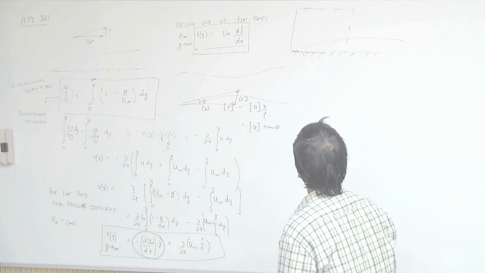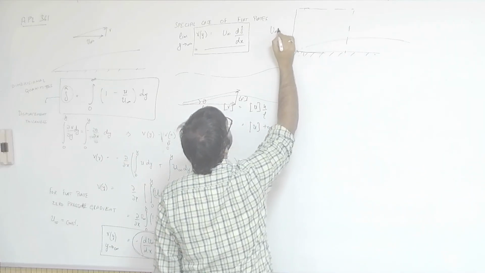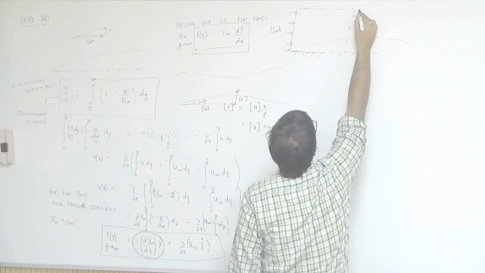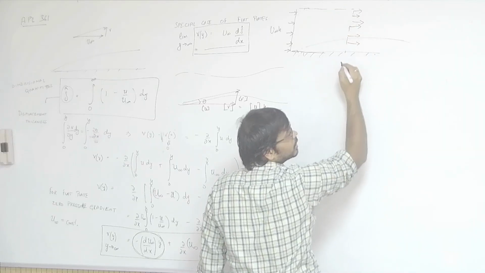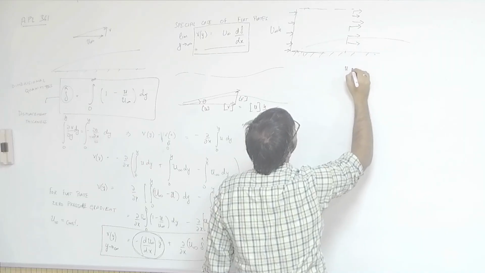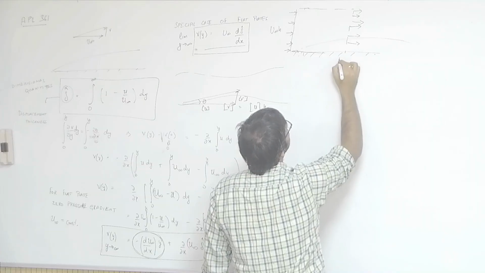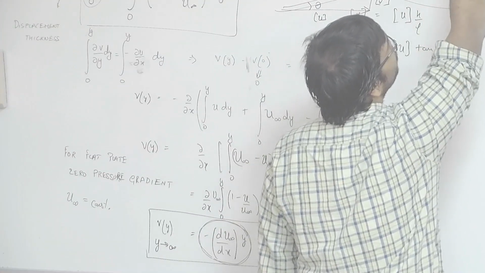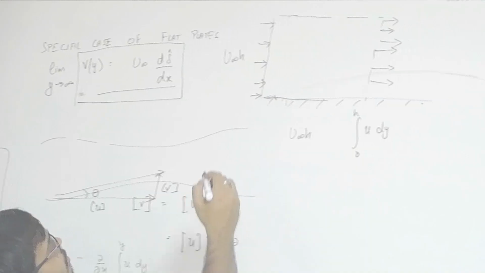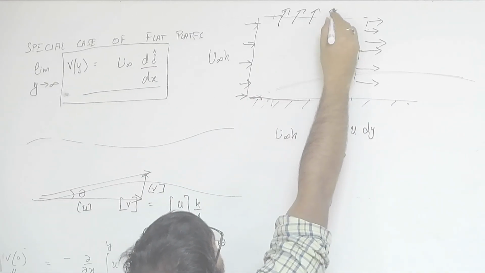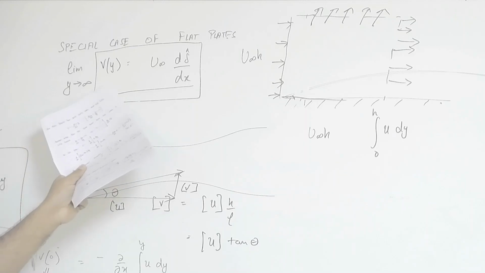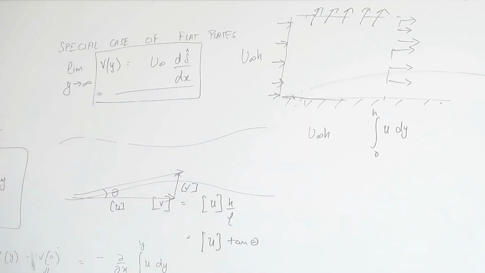So here it is u infinity times h, and here it is u dy from 0 to h. So whatever flow is coming from here, the flow that is leaving here is not going to be equal. There will be some outflow from this control volume in the y direction. And how do you calculate that outflow? It is through this.